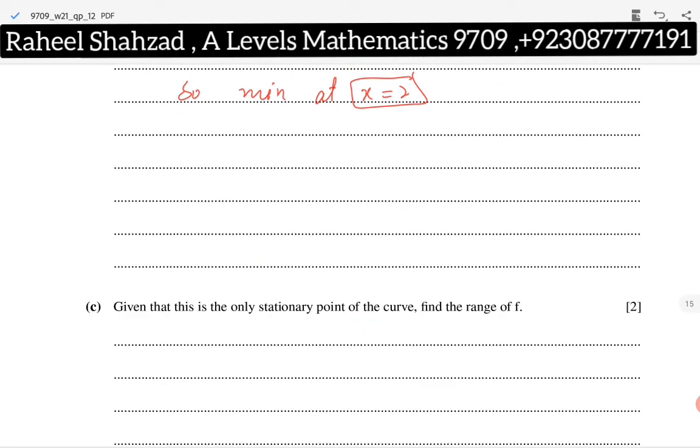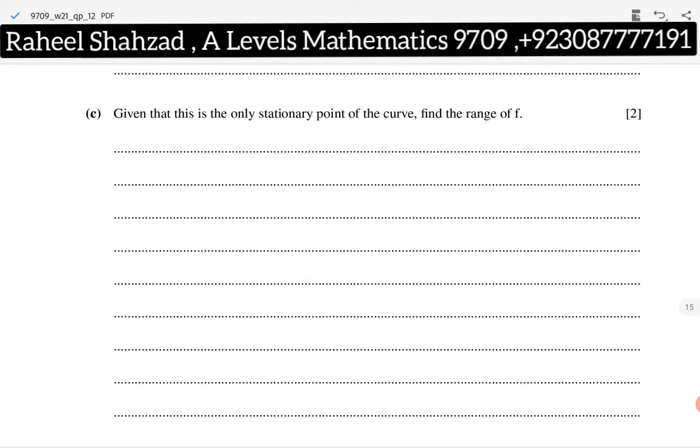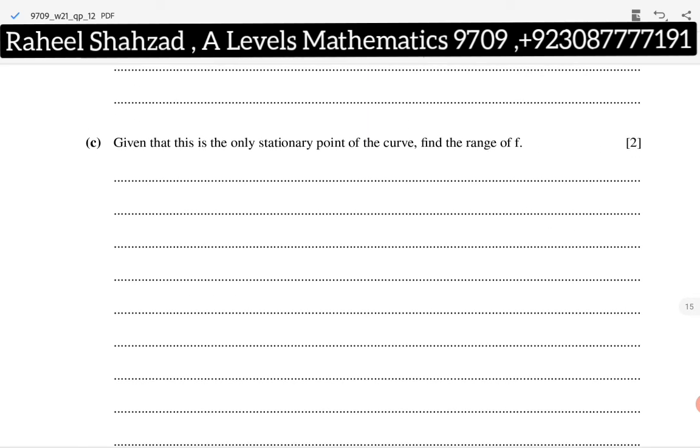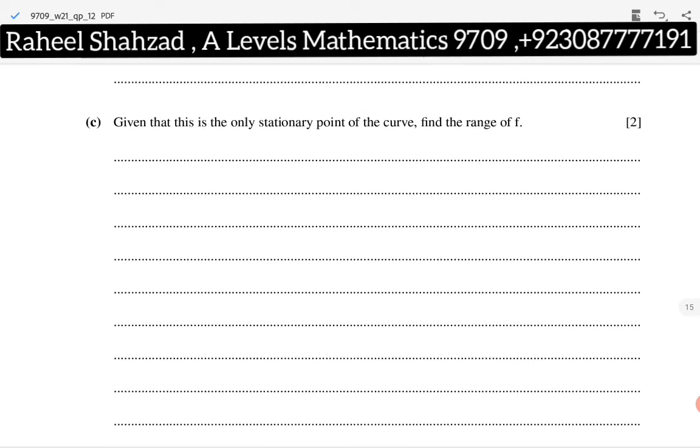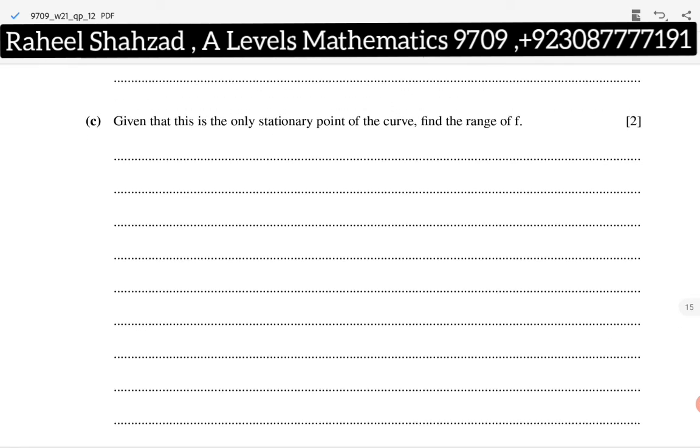So in the next part, given that this is the only stationary point of the curve, find the range of f. Okay, the original function was f of x equals 2x minus k by x square.